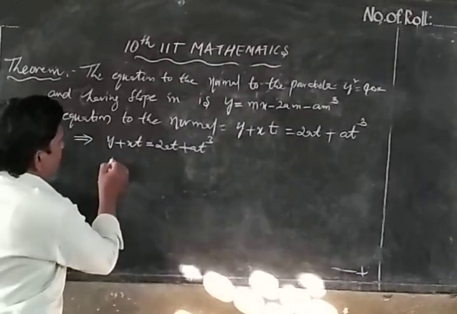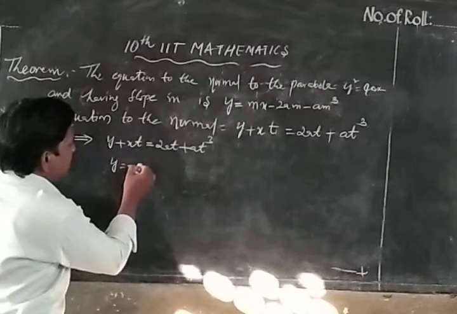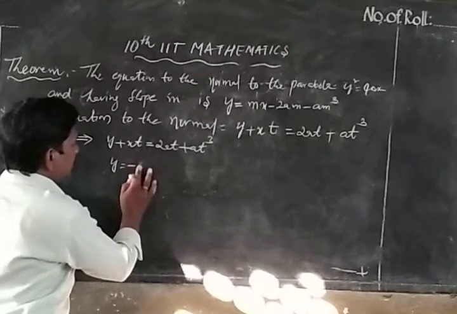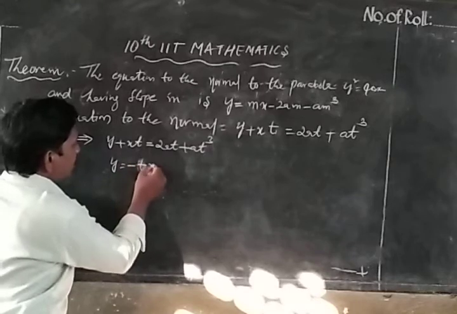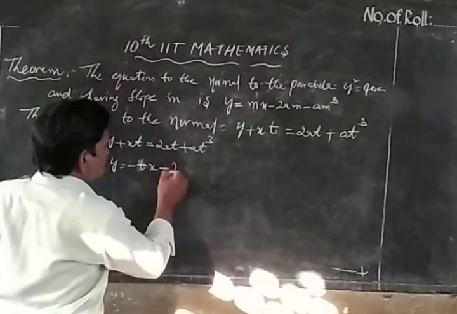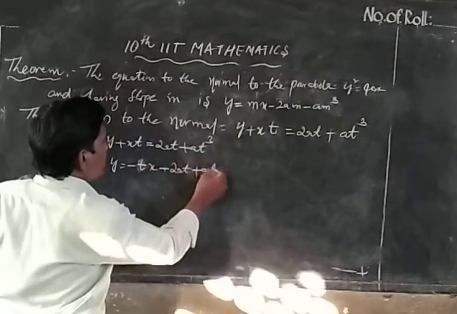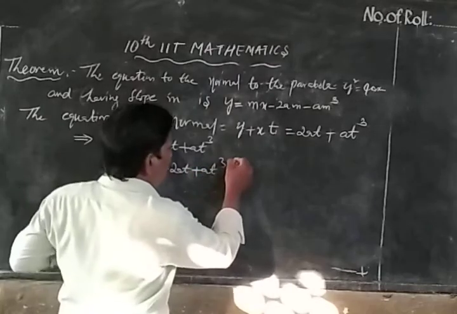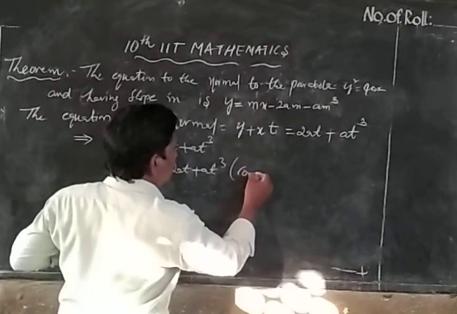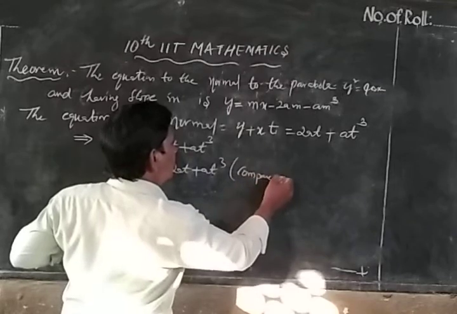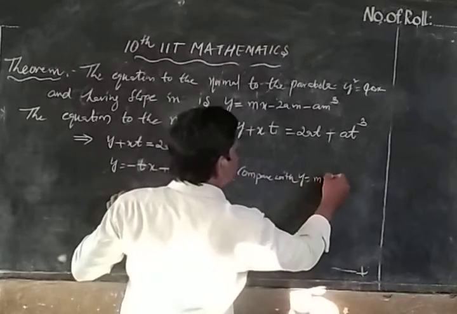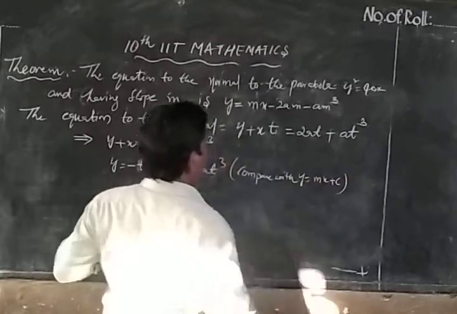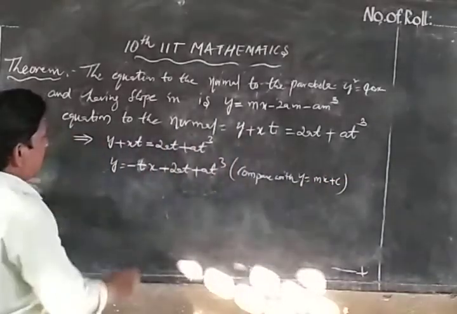By rearrangement, y = -tx + 2at + at³. Compare with y = mx + c.